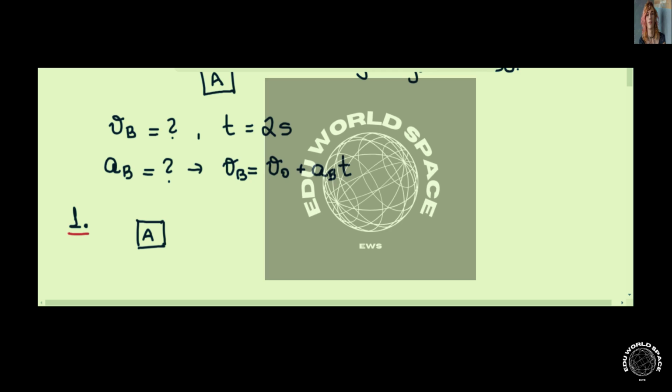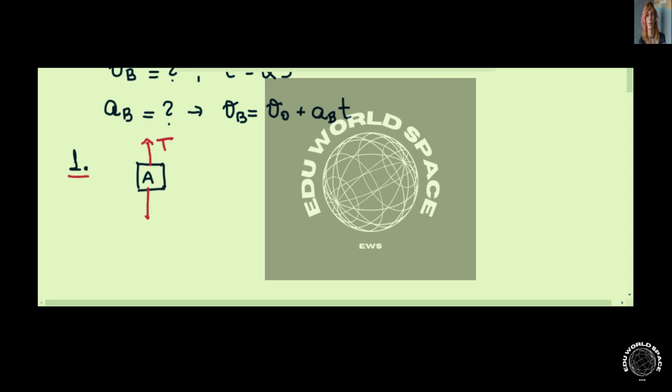Notice that block A has the tension of the string pulling it upwards, and also the gravitational force pulling it down. So we have MAG.